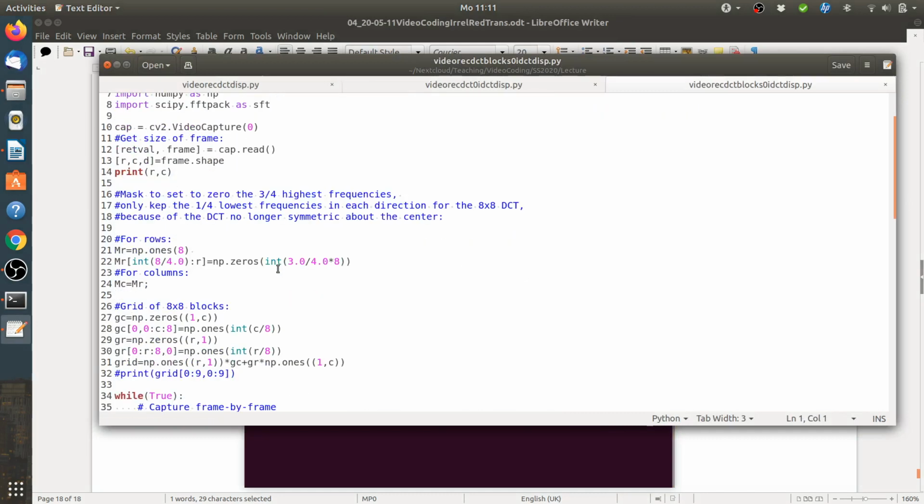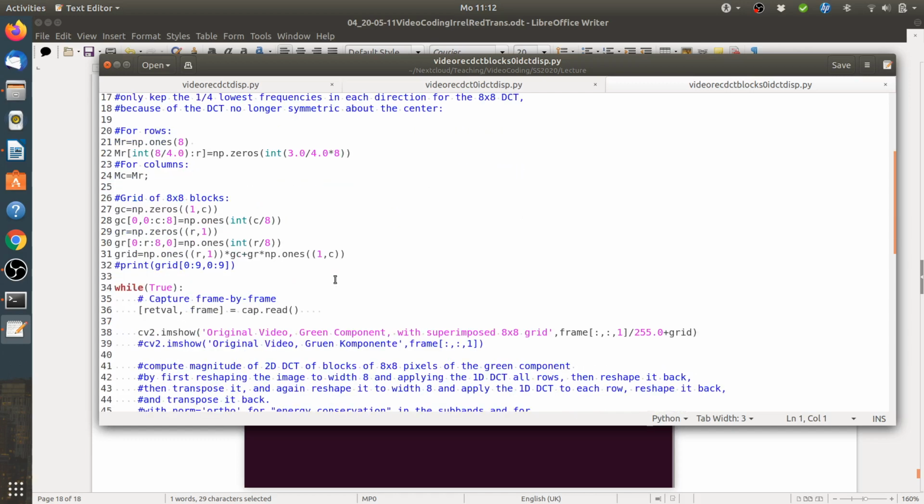Here I'm applying my masks also to 8x8 blocks. Here you can see a mask. The mask now only has length 8 for the rows, and the same for the columns, because it's 8x8, so they have the same shape. Again, I am keeping 1/4 of the lowest frequencies and setting the rest to zeros. This is my mask.